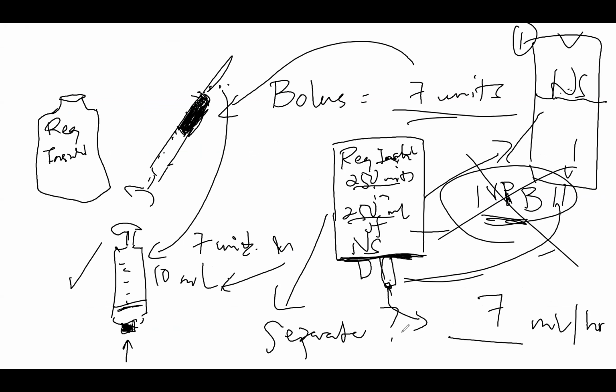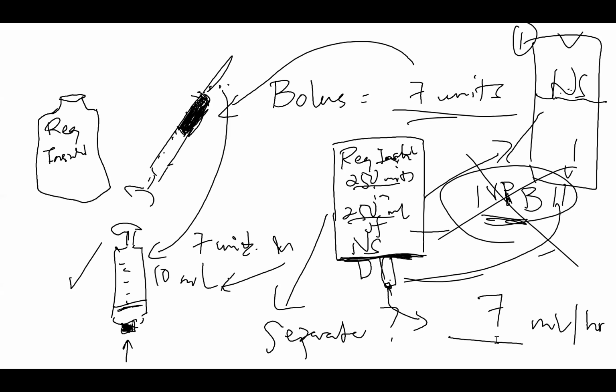No. Basically, the concentration here is 1 unit per 1 ml. And since your patient weighs 70 kilograms times 0.1 units, that's 7 units per hour. So times 1, 7 ml per hour.